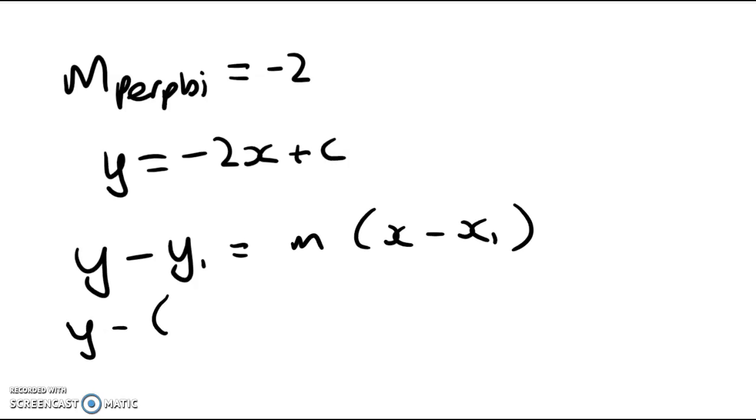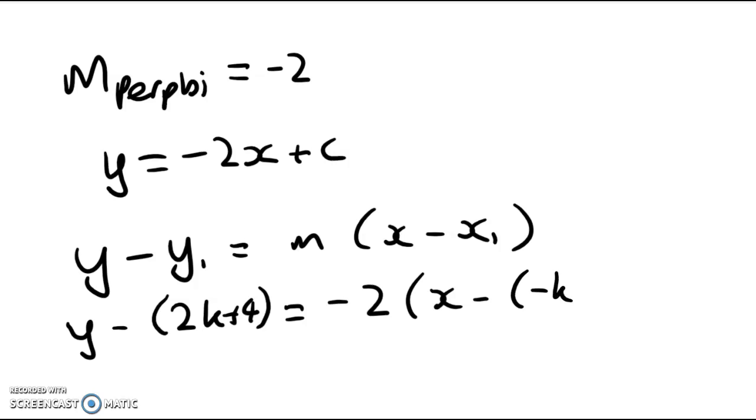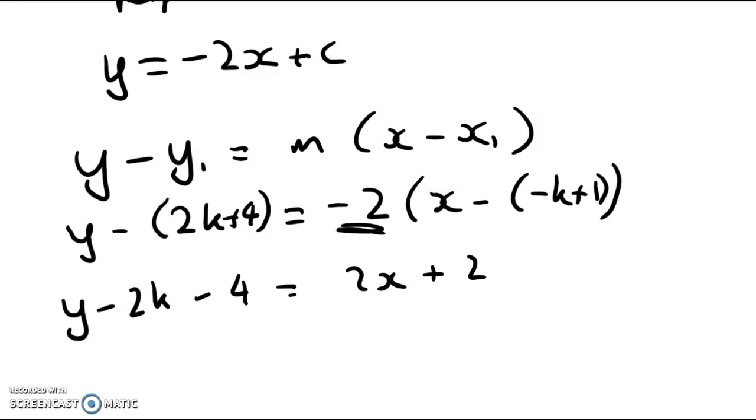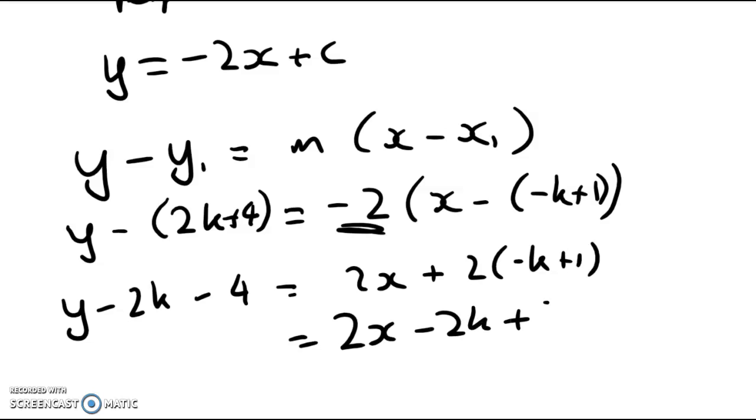So y - (2k + 4), which is my midpoint coordinate, is equal to -2 times (x - (-k + 1)). Now let's clean this up. What do we get? y - 2k - 4 is equal to -2x. Now be careful with this. I'm going to get plus 2 into (-k + 1), which is 2x - 2k + 2 ... sorry, -2k + 2.